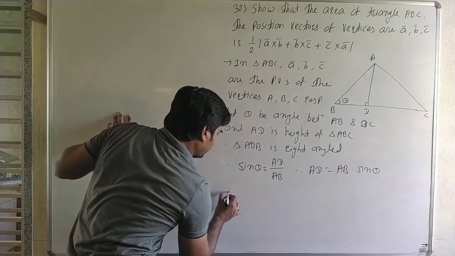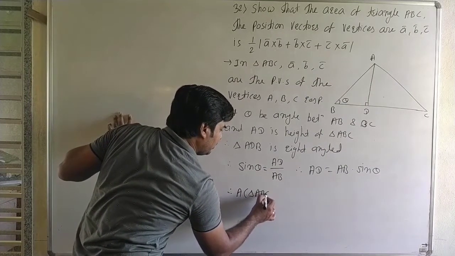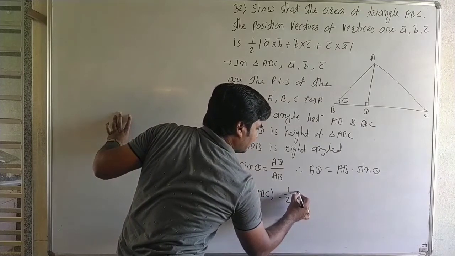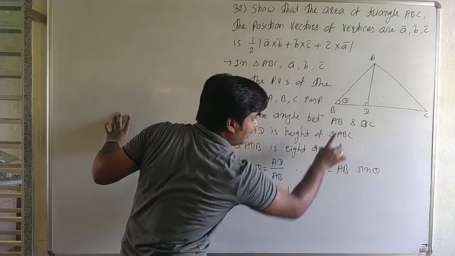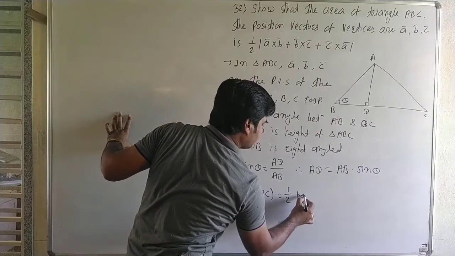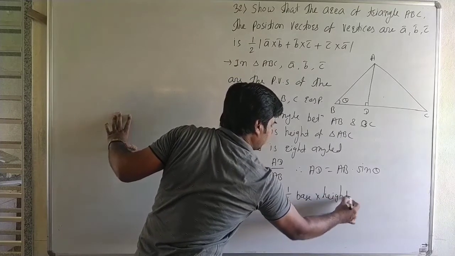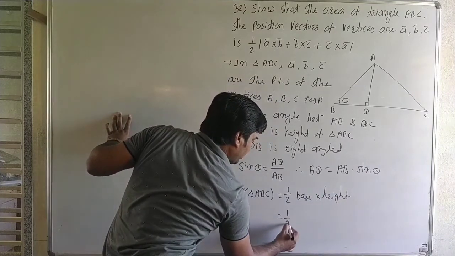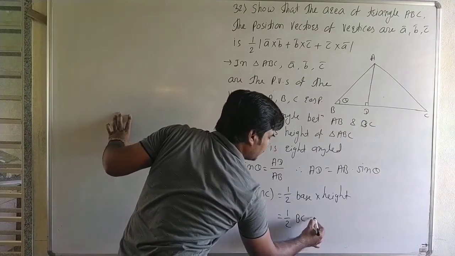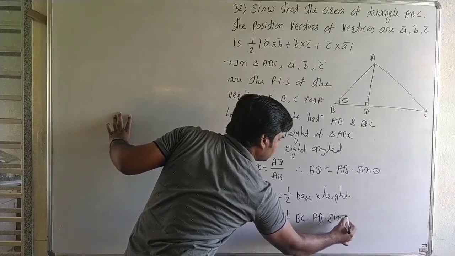Therefore area of triangle ABC is 1/2 base into height, that is 1/2 BC into height AB sin theta.